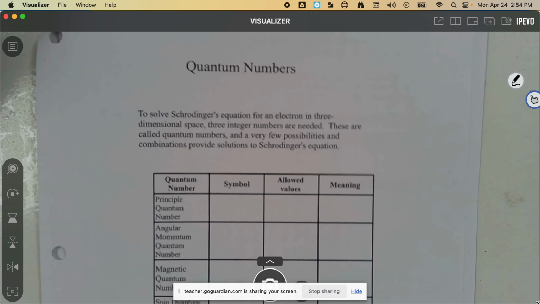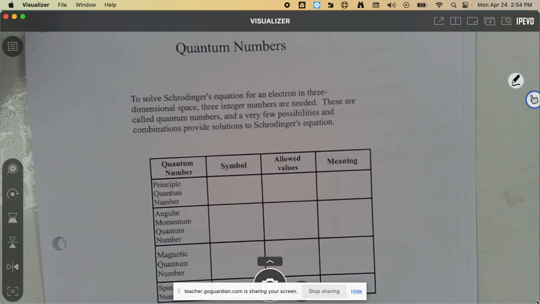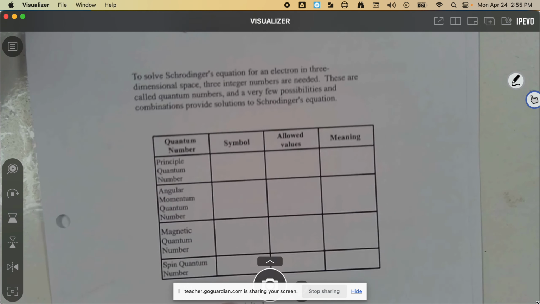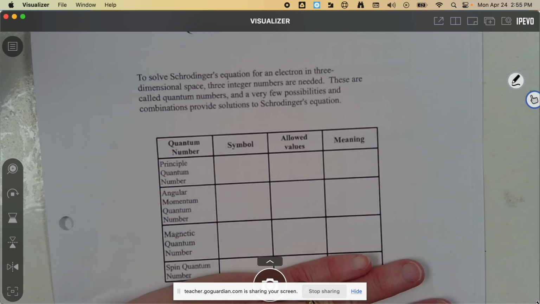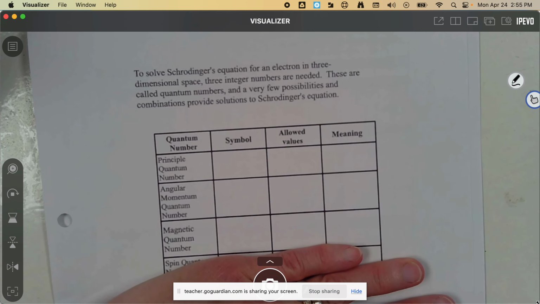Here is something a little different. There is an address or a code for each one of the orbitals. And there is a set of 3 numbers that are needed to solve Schrodinger's equation in 3 dimensions. Those 3 numbers are called the quantum numbers, and it's these 3 right here.